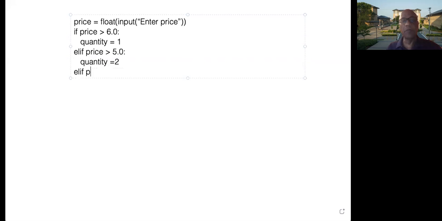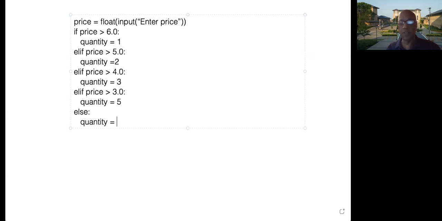Elif price is greater than 4.0, quantity equals 3. You can keep on writing like this. Elif price is greater than 3.0, quantity equals, let's say 5. Else quantity equals 7 or something, right? So what does this mean?